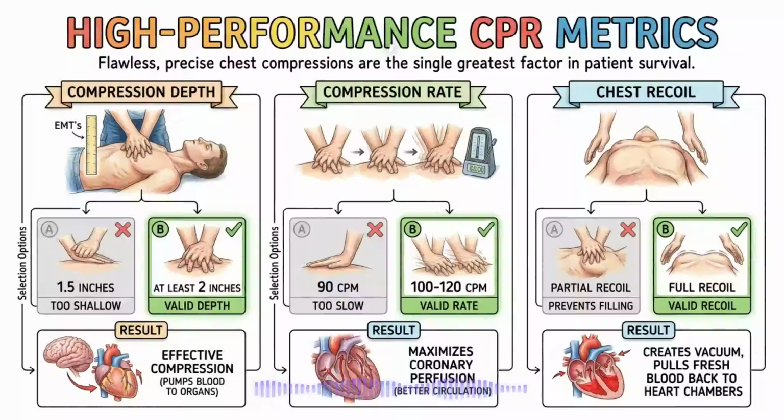High-performance CPR requires extreme precision, focusing on the correct depth, rate, and minimal interruptions during chest compressions. For an adult, you must compress the center of the chest at least 2 inches deep, at a rate of 100 to 120 compressions per minute.